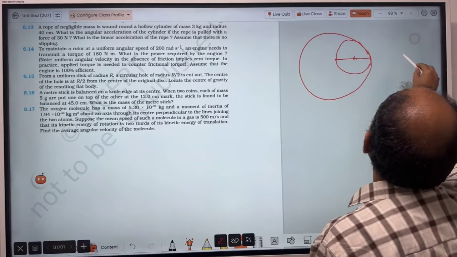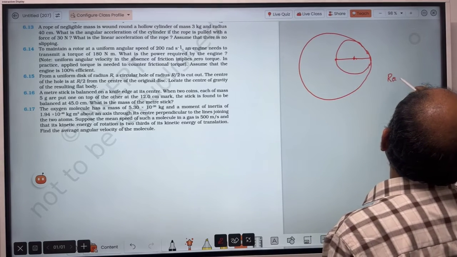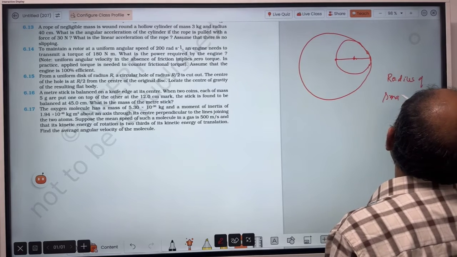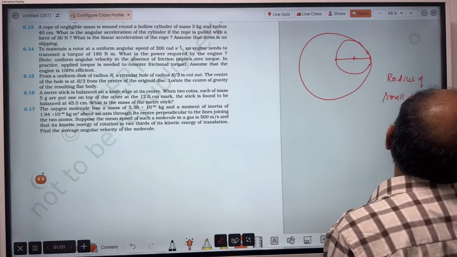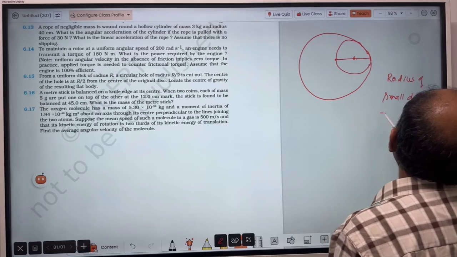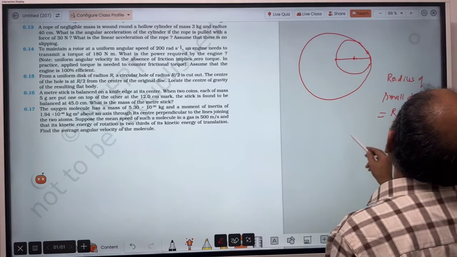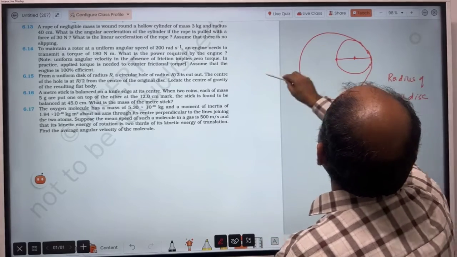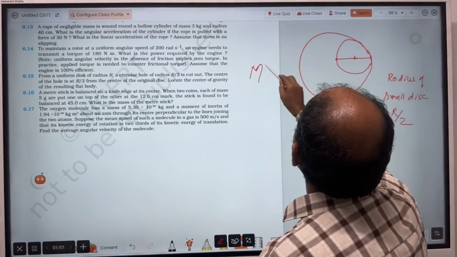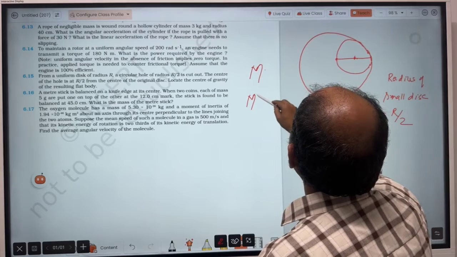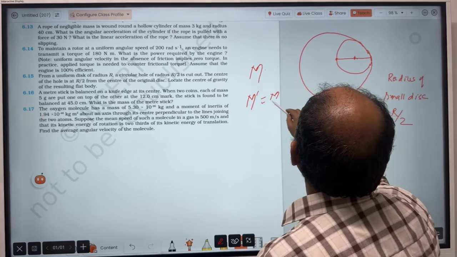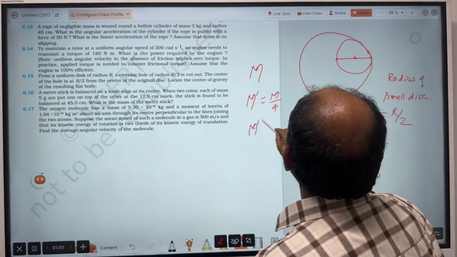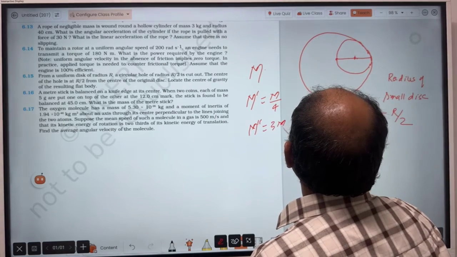This portion is R by 2. So the radius of the small disk will become R by 2, because up to here it was capital R. And then the mass of the bigger disk is capital M, and the mass of the smaller disk we have got as M by 4, and then the mass of the remaining disk we have got, say, M double dash equal to 3M by 4.